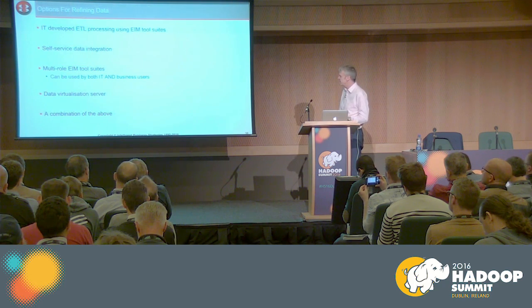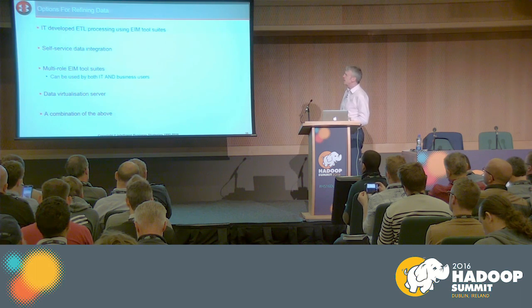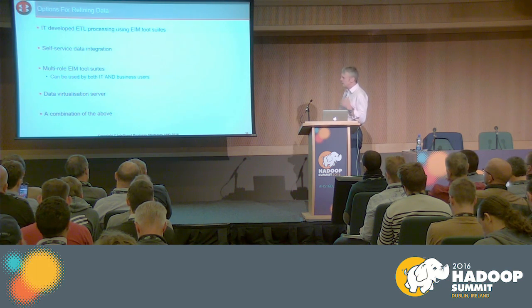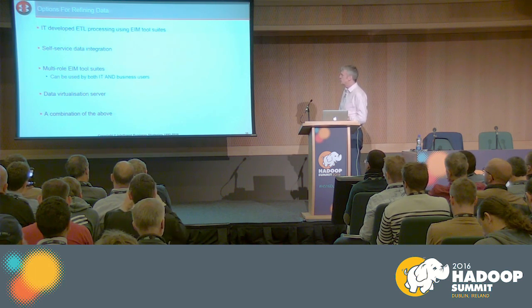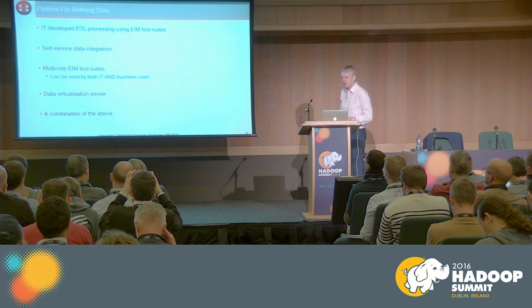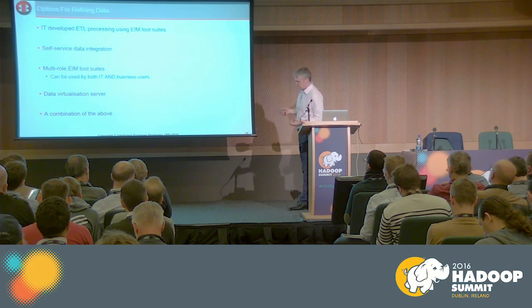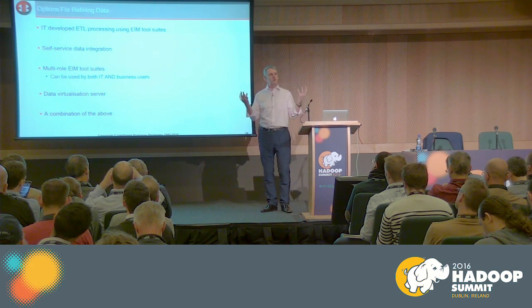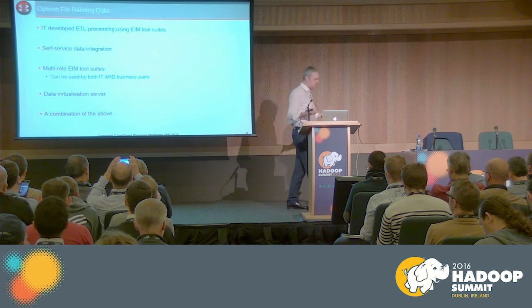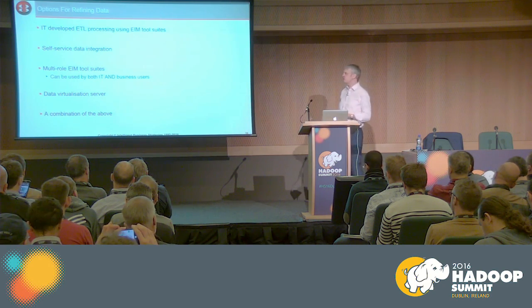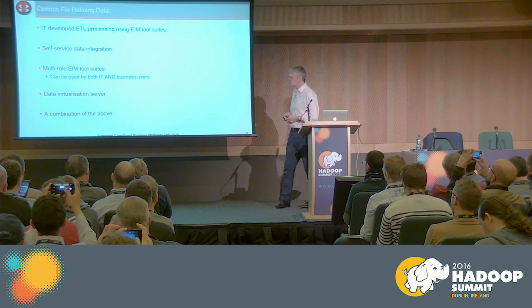And so refining data has multiple options. I can use IT ETL tools. I can use self-service data integration. I can have tool suites with multiple user interfaces for IT and for business. I can use data virtualization, or I can use a combination of this.